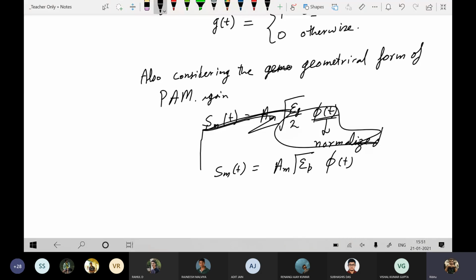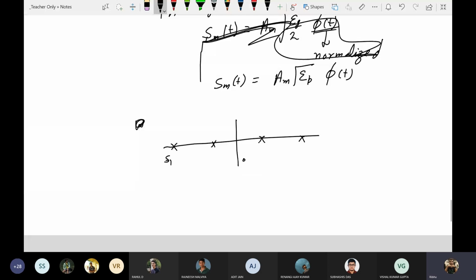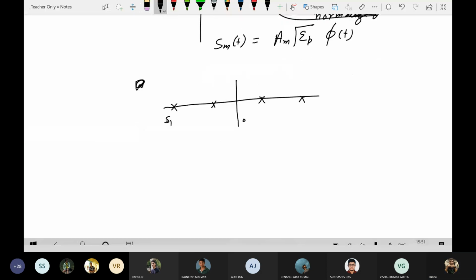We are talking about the passband signal. So again, S1, S2, S3, S4.